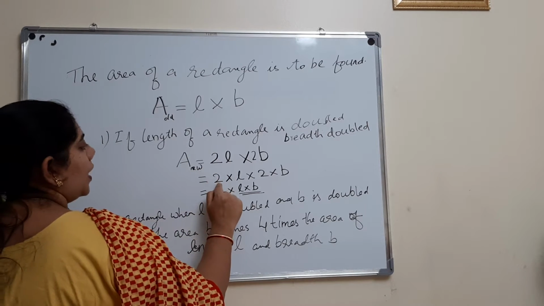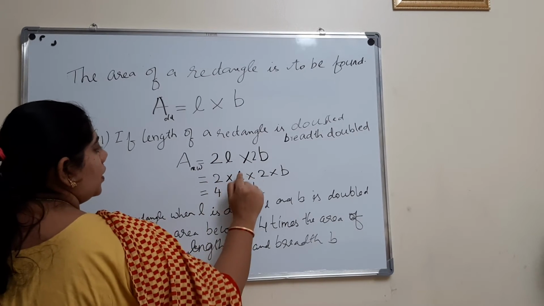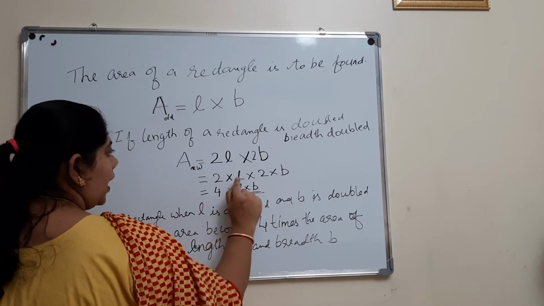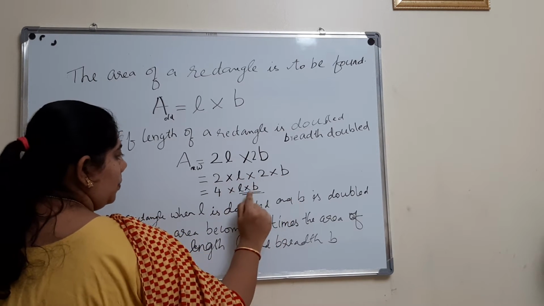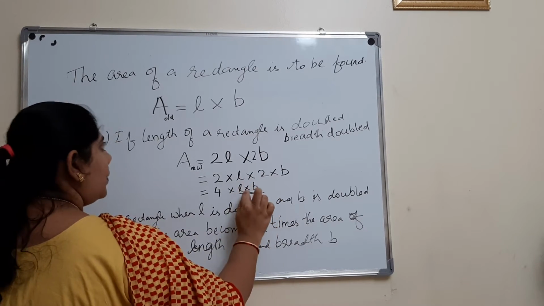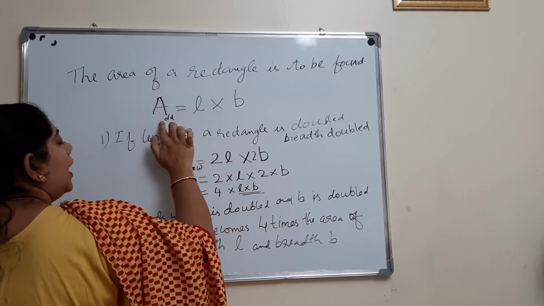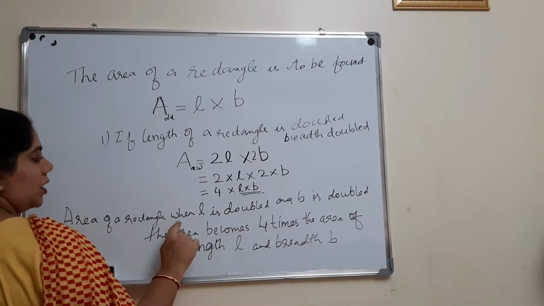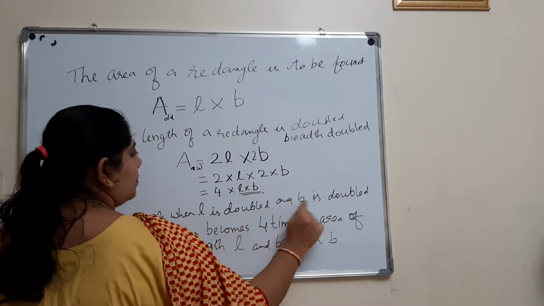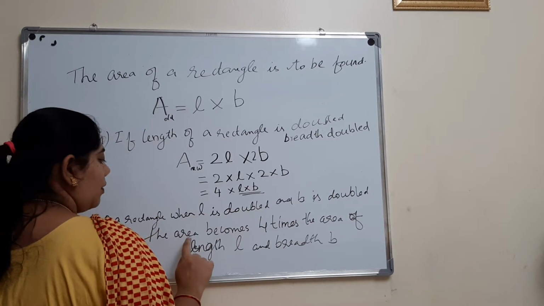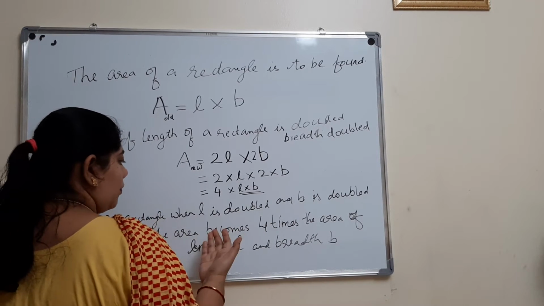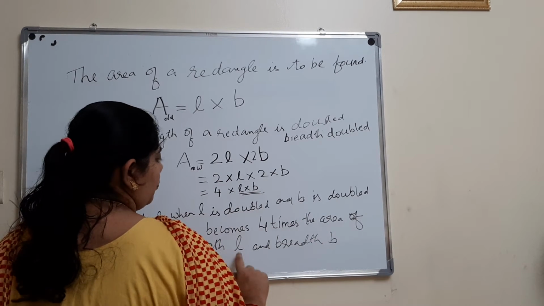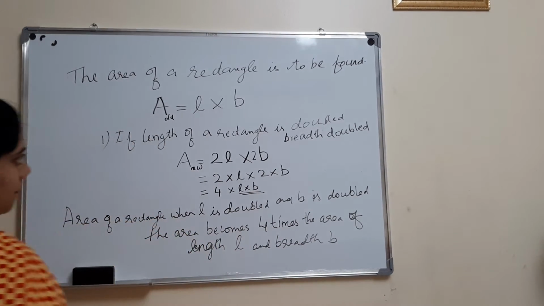Then you want to write like 2 into L into 2 into B, that is 2 into 2 is 4. Then remaining is L into B. So write like that. So L into B is the area with length L and breadth B. So the area of a rectangle when L is doubled and breadth is doubled, what is happening to the area? The area becomes 4 times the area of length L and breadth B.